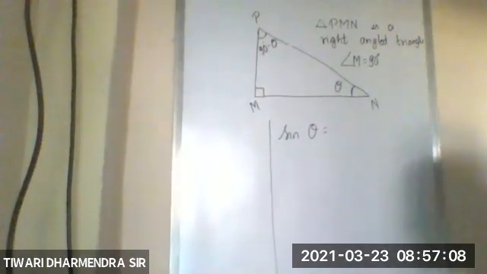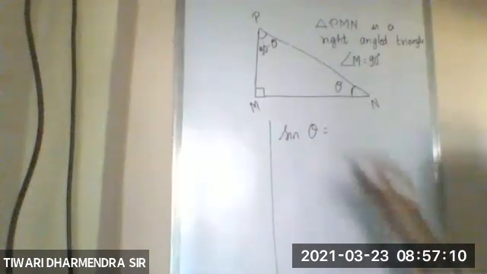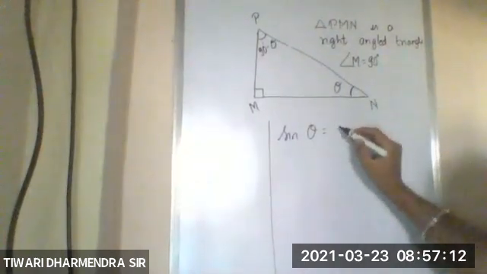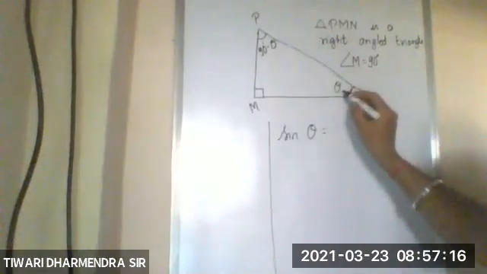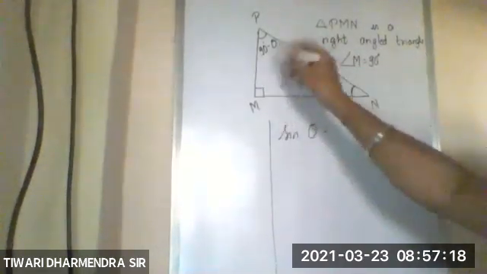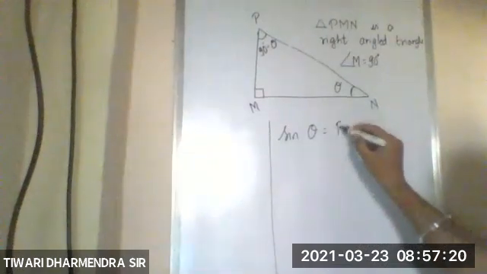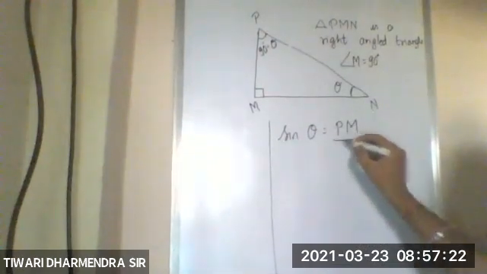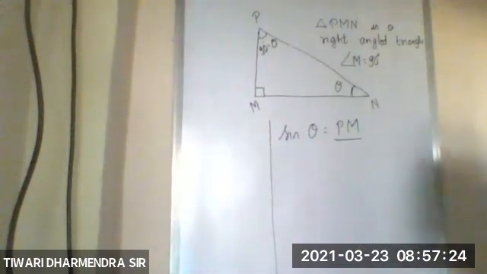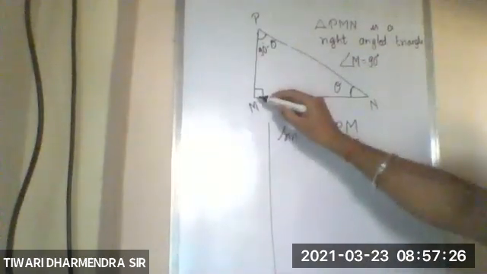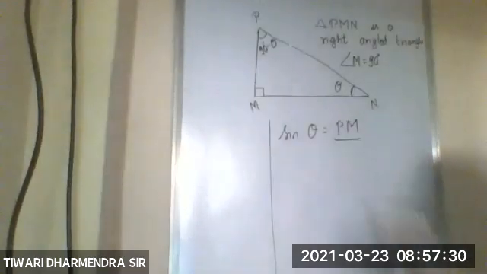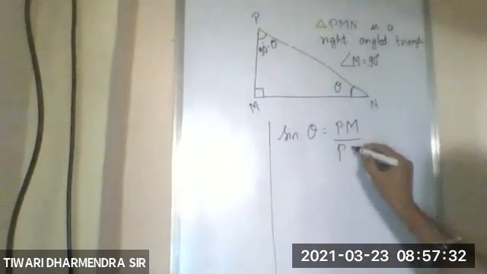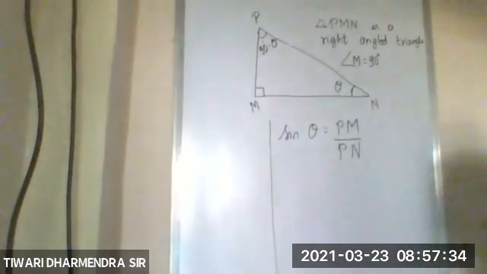Hope everyone remembers. Sine theta is the opposite side of angle theta. Who is opposite to angle theta? We can see it is PM, divided by the hypotenuse. Who is the hypotenuse? The side opposite to 90 degrees is the hypotenuse. So who is opposite to 90 degrees? That is PN. So this is my sine theta.